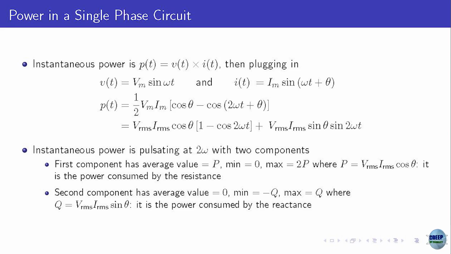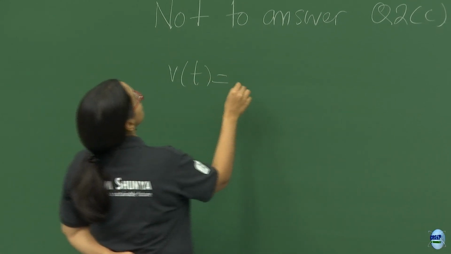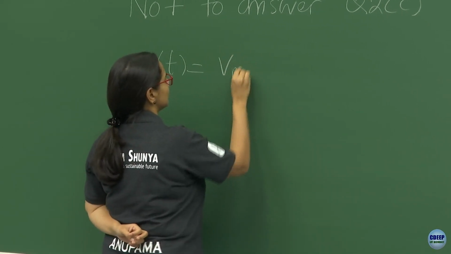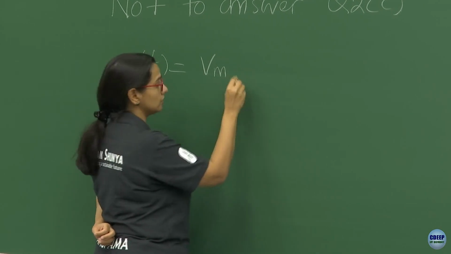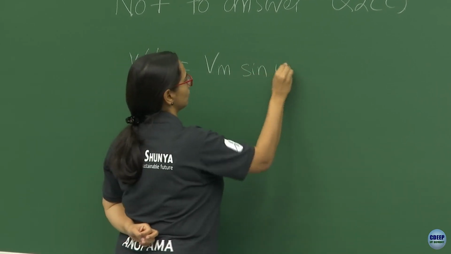Now, what I'm going to do is substitute voltage as some sinusoidal function, because that's what we classically get from our outlet, right? So I'm going to write voltage at any time t as some amplitude times sine omega t.